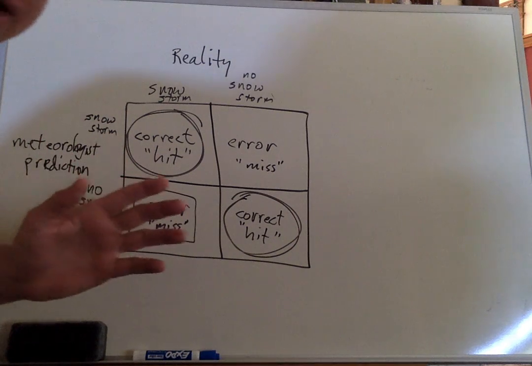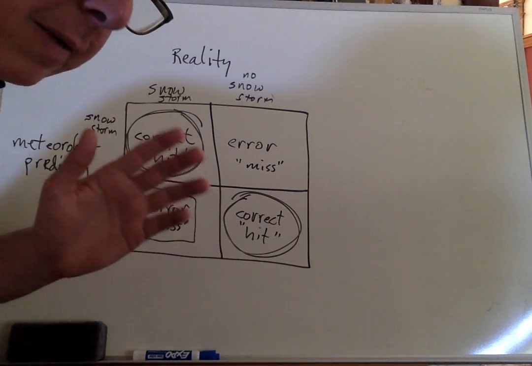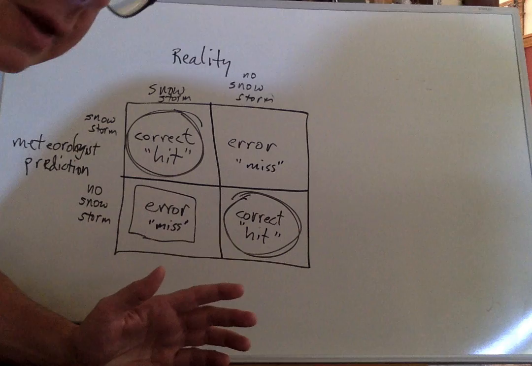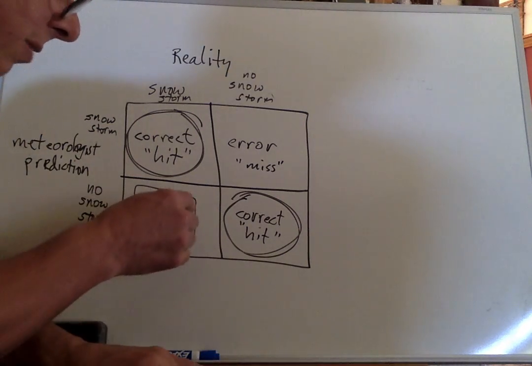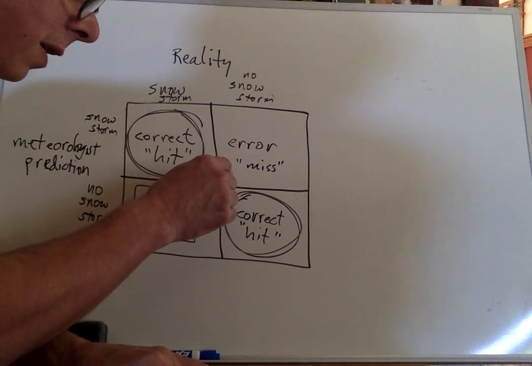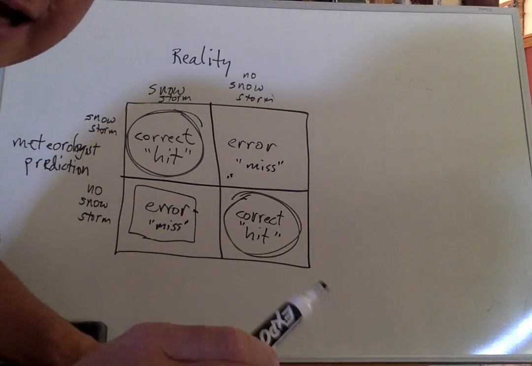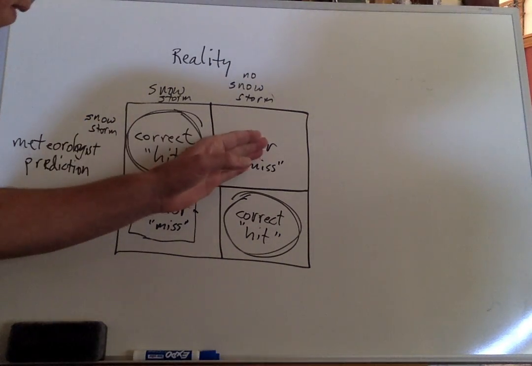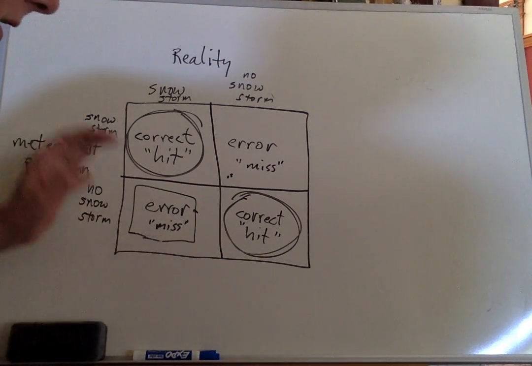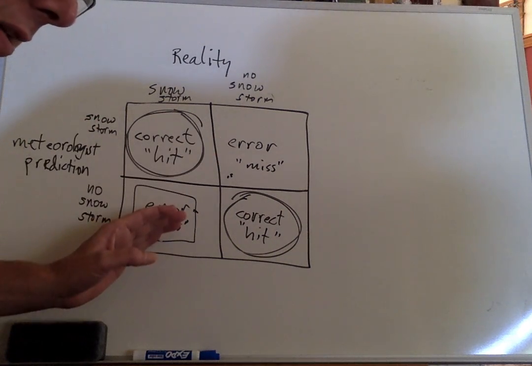By the way, I can tell you that meteorologists learn the difference between this error and this error. If they're going to make an error, you'd better be safe than sorry. You're better to be safe than sorry.